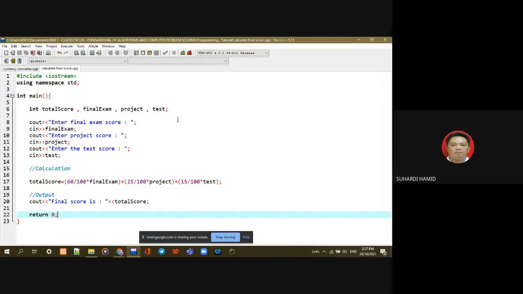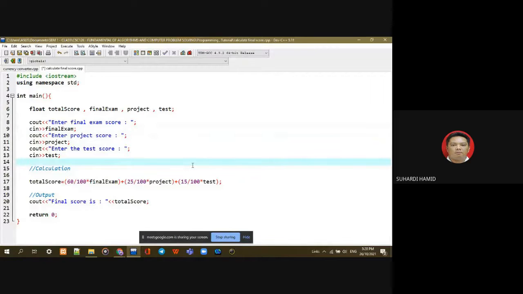So instead of using integers, you may want to use float or double, regardless. Number 2. Your calculation is incorrect. So we'll look for another answer. Perhaps you can compare that.